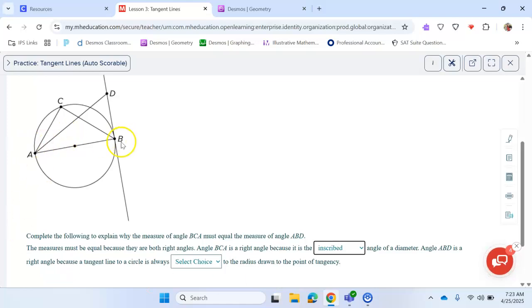Angle ABD, that's using the tangent line, is a right angle because a tangent line to a circle is always perpendicular to the radius drawn to the point of tangency. Well, it's always perpendicular, a 90-degree angle.